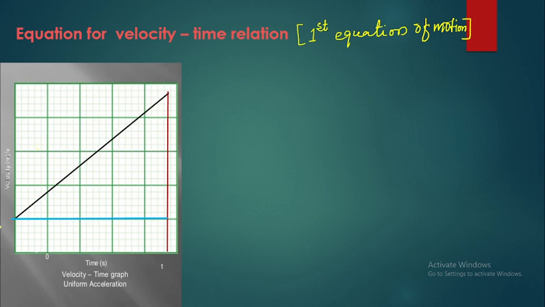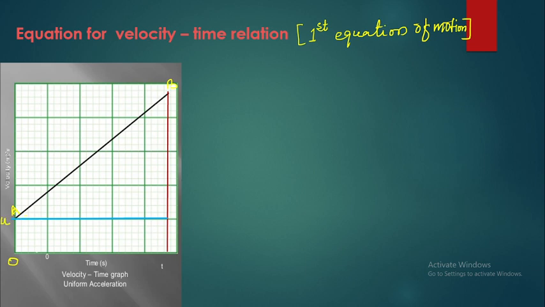So here this is the reference point O, and points A and B. Initial velocity is small u.